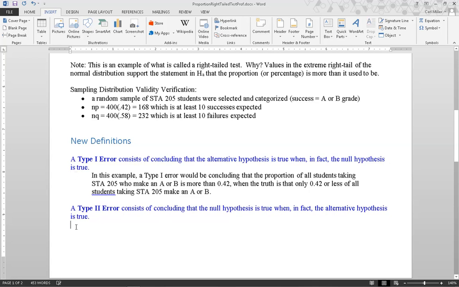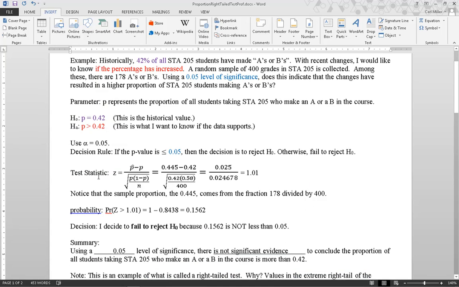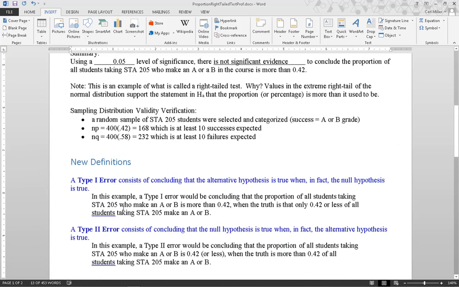So in this case, a type 2 error would be concluding that the proportion of all students taking Stat 205 who make an A or a B is 0.42, when the truth is really more than 0.42 of all students taking Stat 205 make an A or a B. So these are a couple of applications of the type 1 error and type 2 error in terms of a scenario. Once I have a null and an alternative hypothesis, I can talk about what these errors would look like, and then if I wanted to, think about consequences and so on for those.